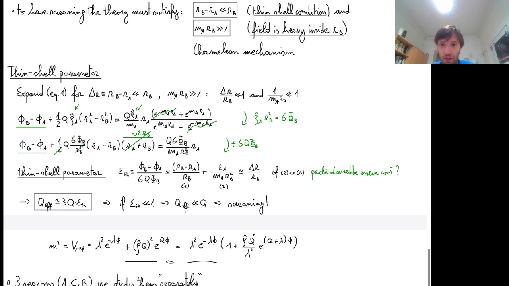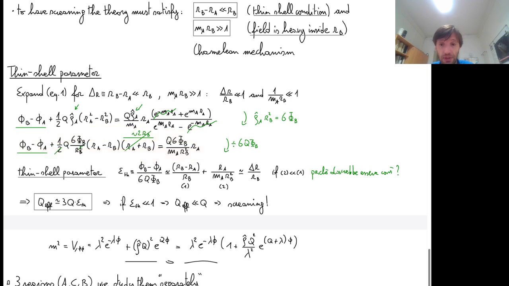Then what we do is we divide this expression by 6 Q phi B. You see, we have phi B, now we divide by it, and we obtain that. This guy goes away, we bring it to the other side, and we have this expression and this expression. This expression is this one. Remember that also this side has to be divided by 6 Q phi B. So this expression is just this equation with the approximations that I mentioned, nothing more than that.